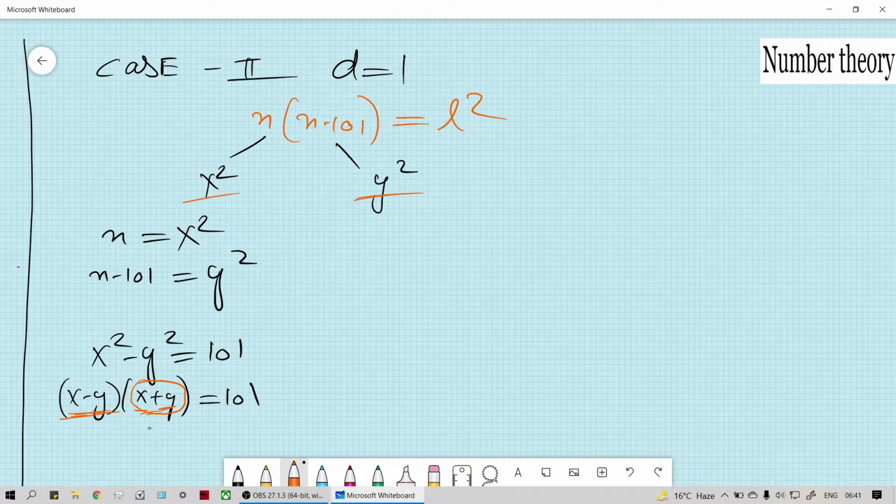So in that case we only get one case, which is that x plus y has to be 101 and x minus y has to be 1. The second case is discarded, as that number is smaller and this one is bigger.